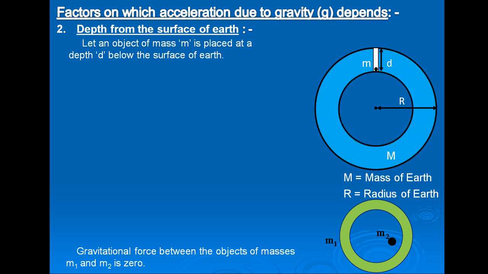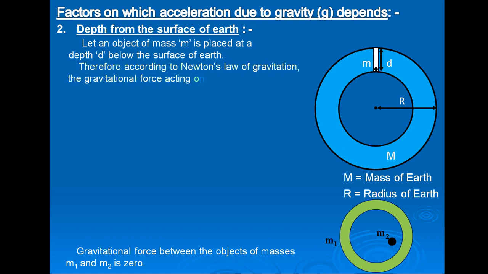Therefore this portion of the earth exerts net force on the object of mass m equal to 0. Therefore, according to Newton's law of gravitation, the gravitational force acting on the object due to earth is given by F is equal to G M dash m upon (R minus d) whole square.